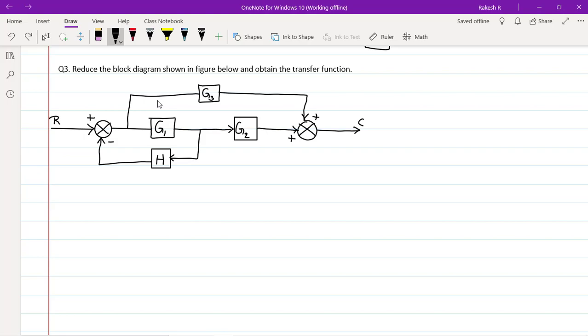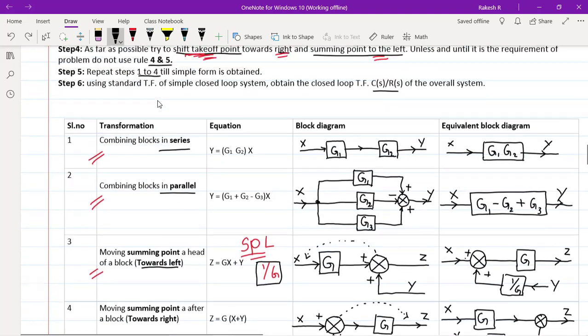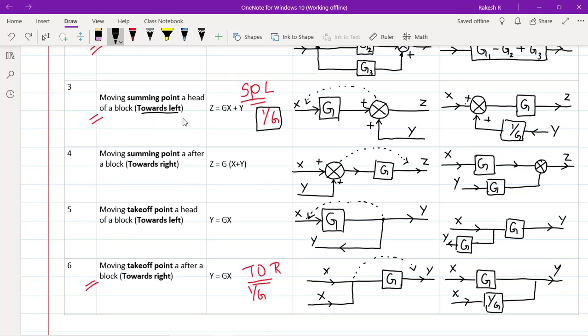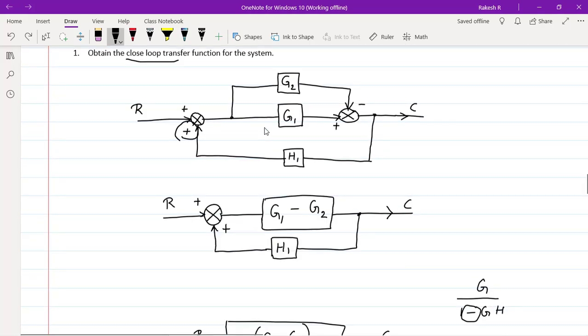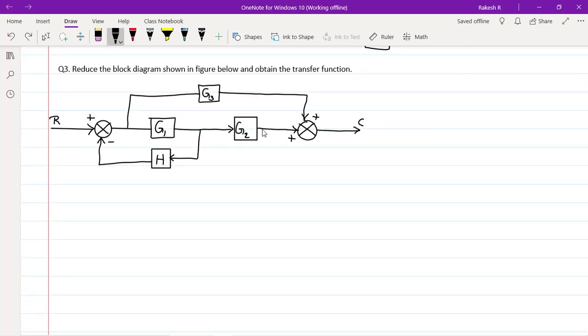Right. Next, what is the next step? The fourth step is to, as far as possible, try to shift the takeoff point towards the right and the summing point towards the left. For the takeoff point towards the right and the summing point towards the left, the factor is 1 by G. That is a special case, and we need to remember this: summing point towards the left and takeoff point towards the right.